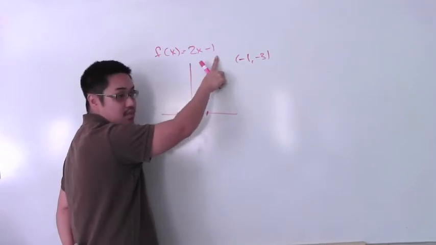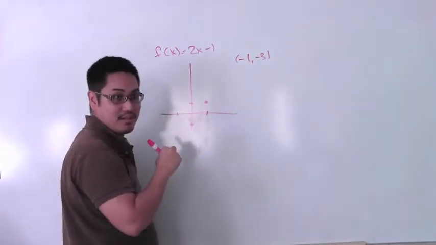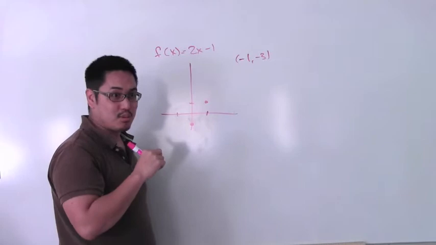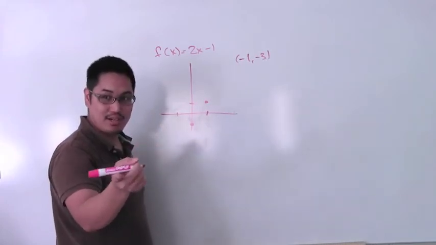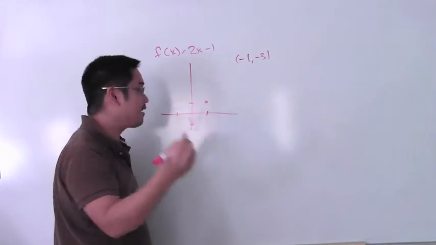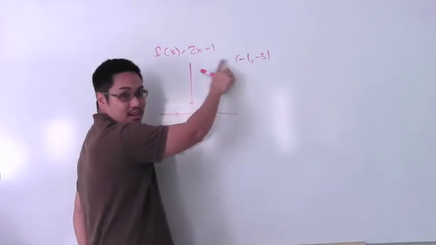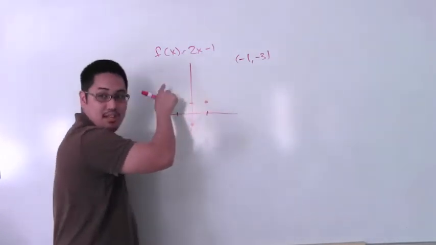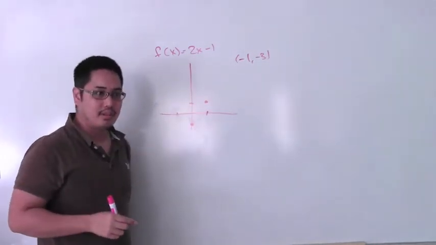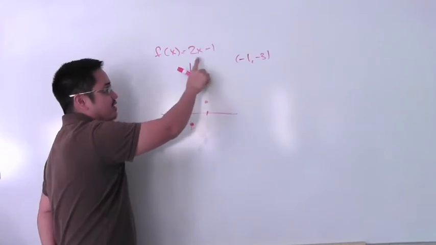Minus 1. What's negative 2 minus 1? Negative 3. Exactly. You plug a negative 1 into here, you get negative 3 out. So we verified that this thing solves that equation.